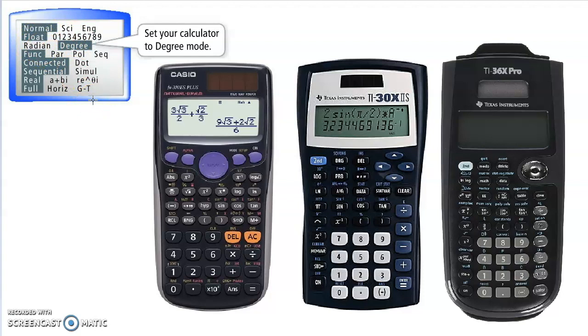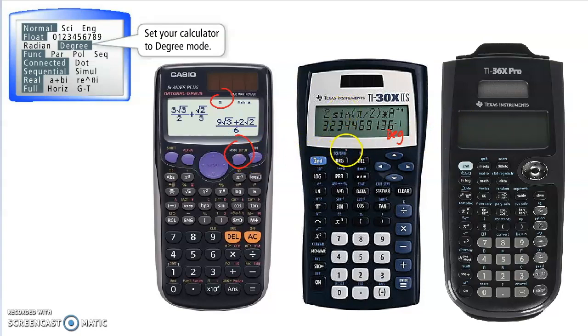Now, if you are interested in checking to make sure that your calculator is in degree mode, number one, it might have a little letter that indicates degree right here, or it should say degree right here, or maybe it has a little indicator. If you're not sure, you can check the mode or setup button and look for that.